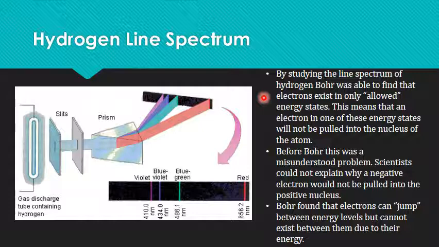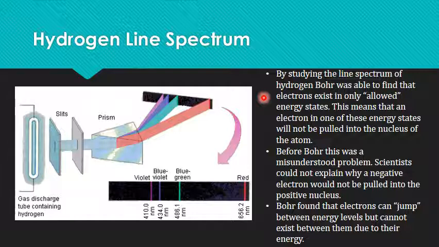It was a concern before his discovery, and a confusing topic, that electrons, due to their negative charge, should theoretically be attracted and pulled into our nucleus, because our nucleus is positive, our electrons are negative, and as we know, opposites attract for charges, and so they couldn't figure out why electrons weren't being pulled into the nucleus.